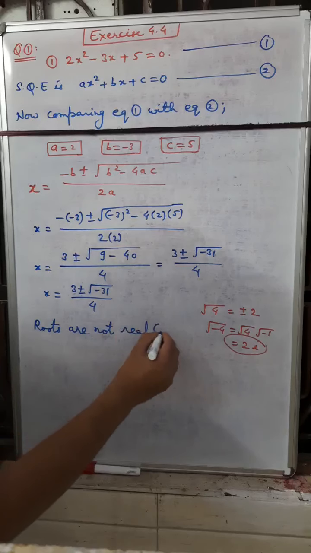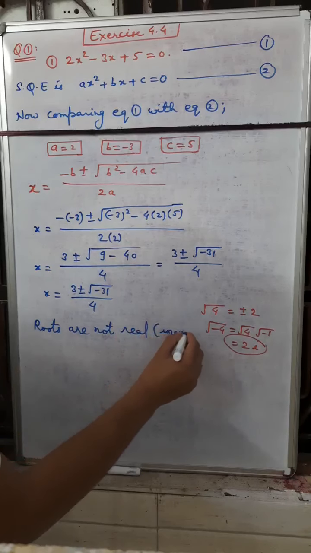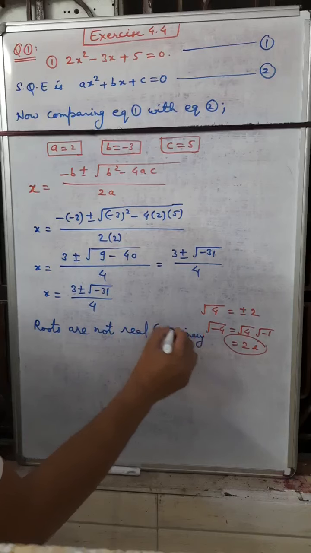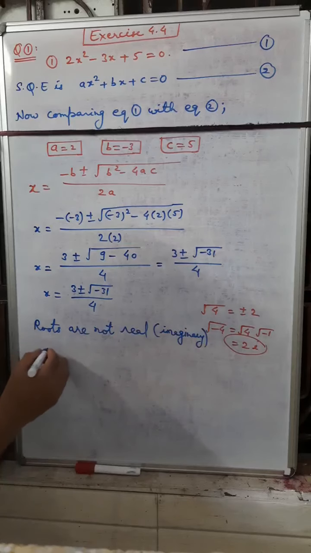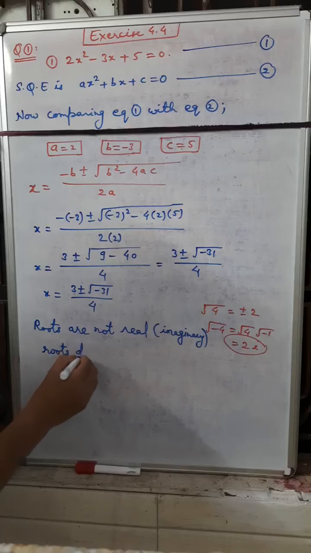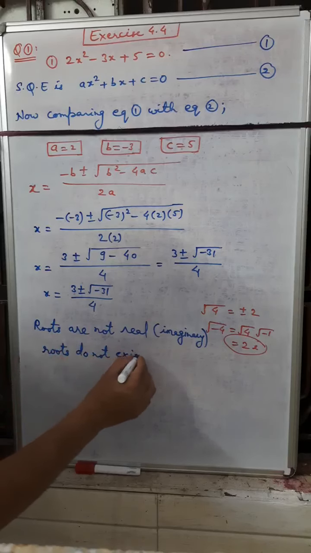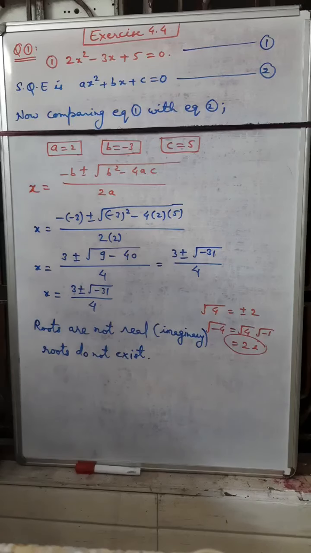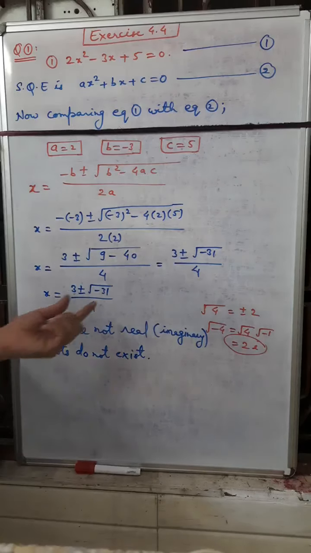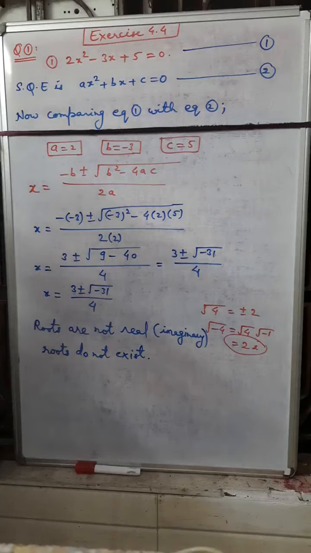or we can say they are imaginary, and at the end you can write roots do not exist. Roots do not exist here, because we can't find the value of under root minus 31.